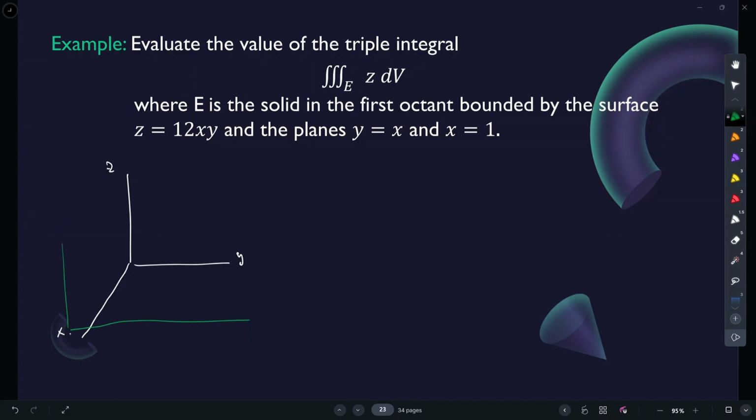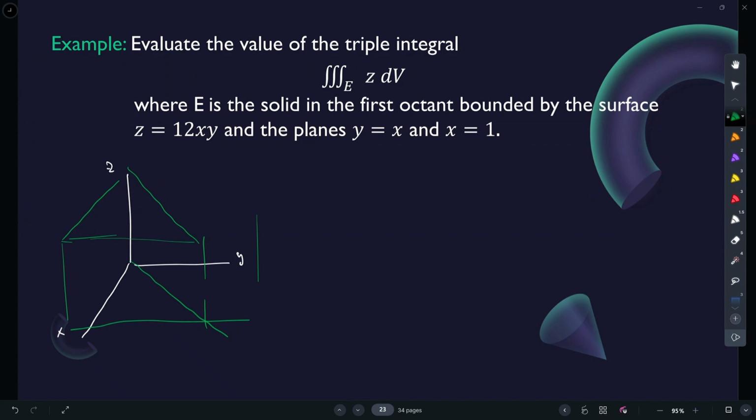That gives me an entire plane that is here in front. y equals x is a plane. This is the line y equals x in the xy plane, so it cuts another plane like that. Okay, so everything is happening within this prism.